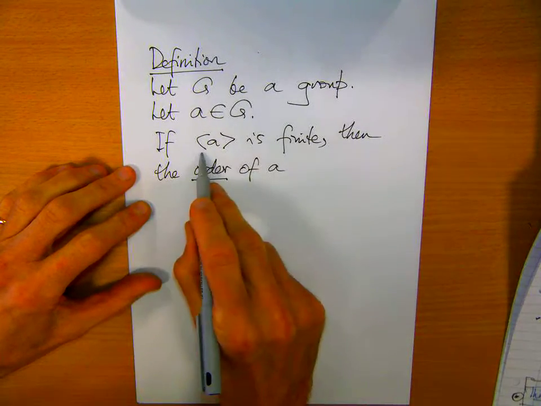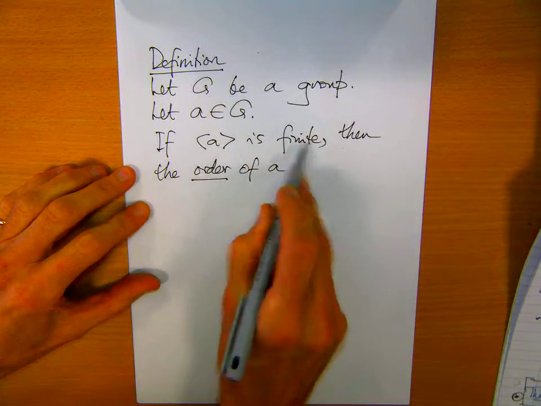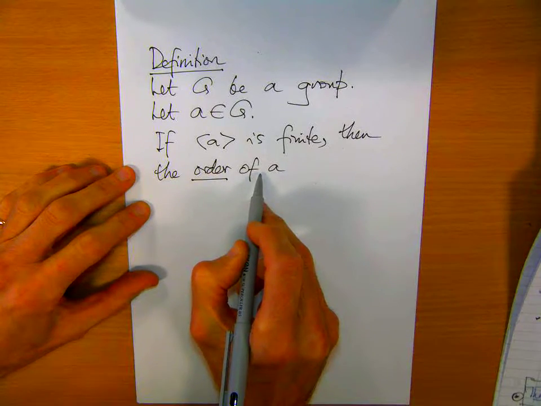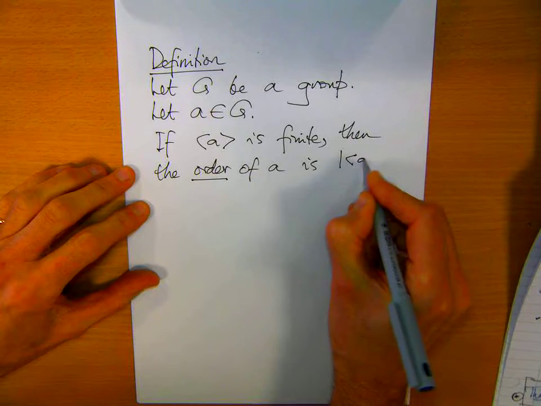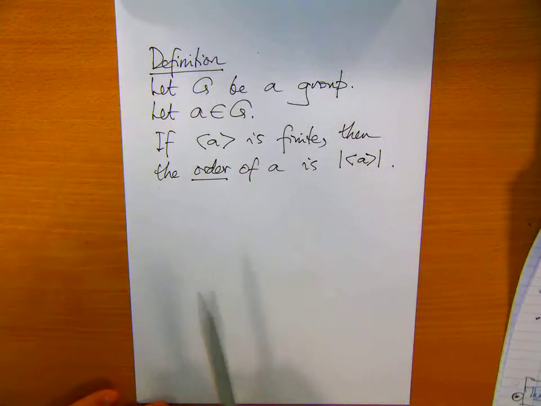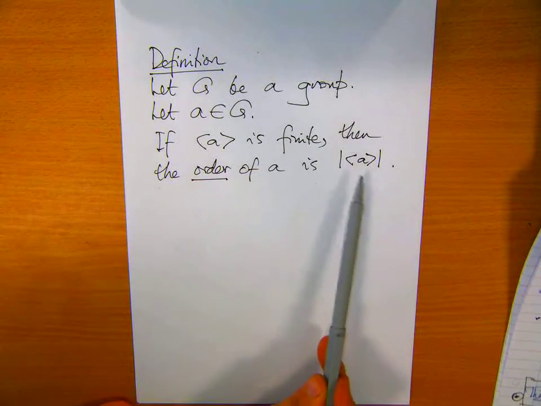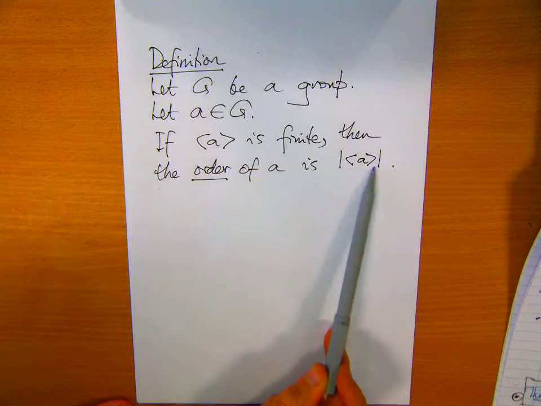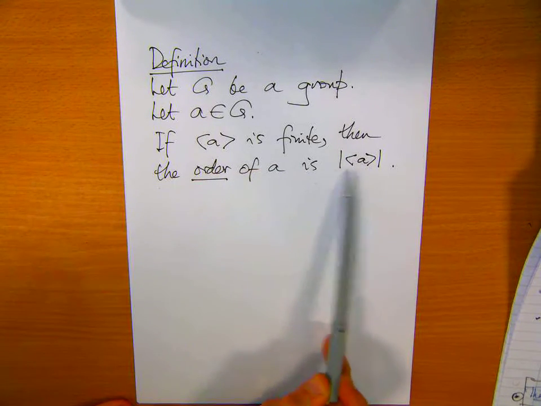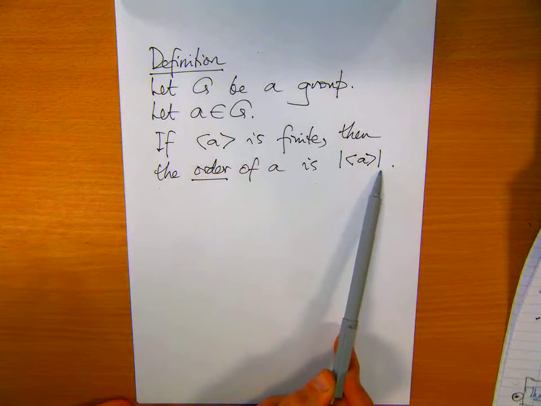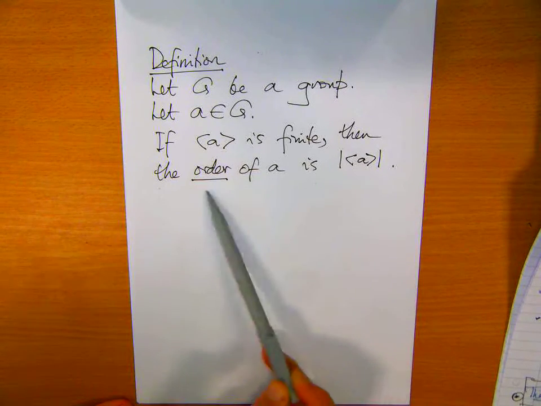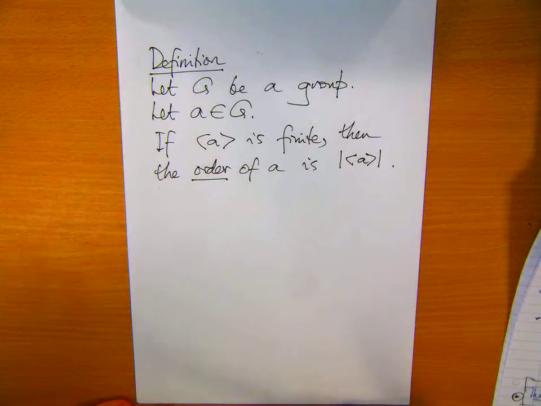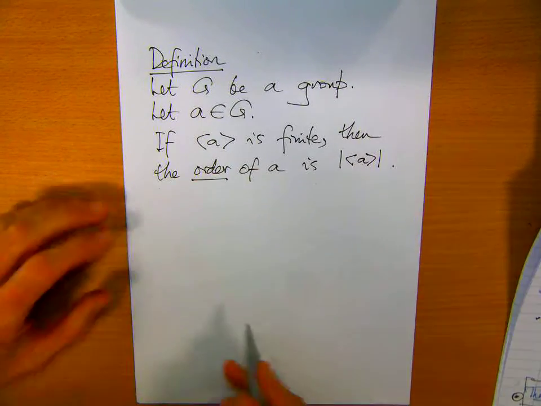So if the cyclic subgroup generated by a is finite, then the order of a is just the order of the underlying group. Okay? So angle brackets a is a group. So it's got an underlying set, the cardinality, and that's the order of a. So we could say the order of a is just the order of the cyclic subgroup generated by a.